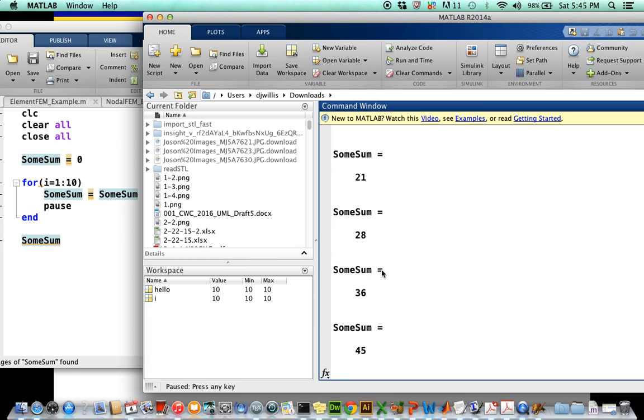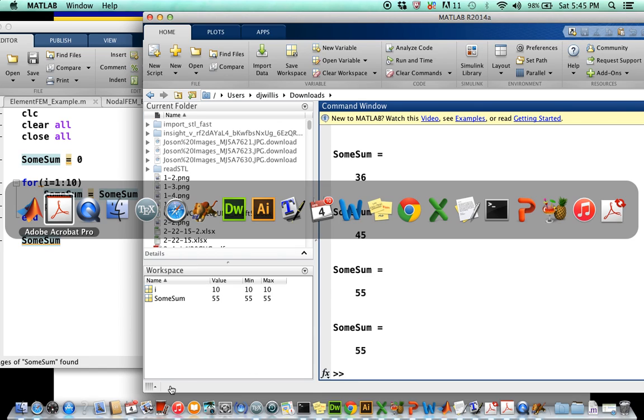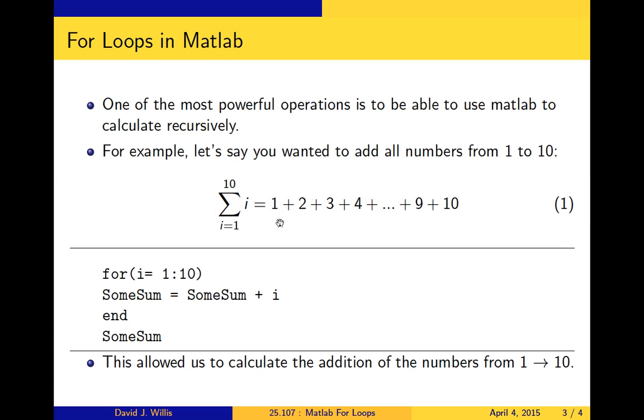Plus 9 equals 45. Plus 10 equals 55. And when I press enter one more time, it ends the loop, and sum ends up being 55. So in this case, we've created a sum series where we add 1 to 2 through 3 all the way up to 10, and we got the number equals 55.